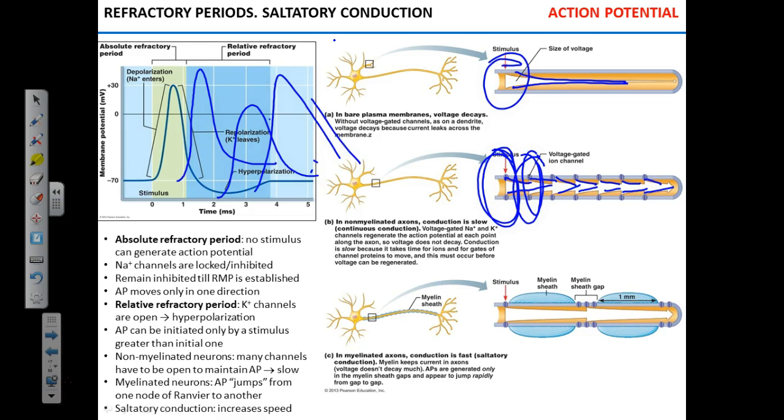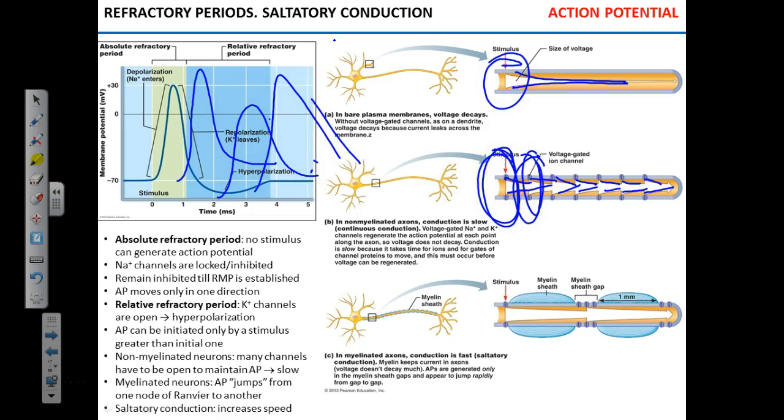However, you can imagine that the density of voltage-gated sodium channels on the axonal membrane must be pretty high. Does that make sense? And when every channel has to open, the transmission rate for the signal is going to be very slow.